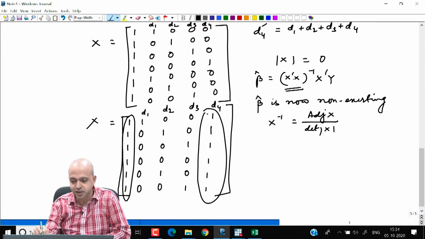The matrix X prime X also does not exist because of this problem.